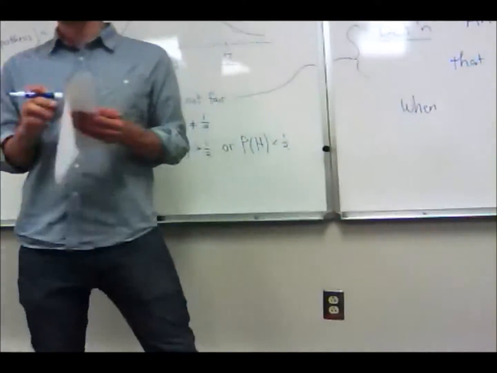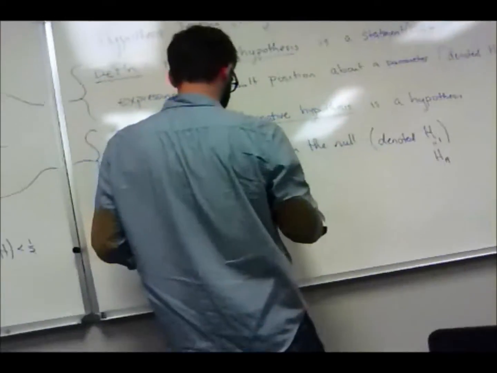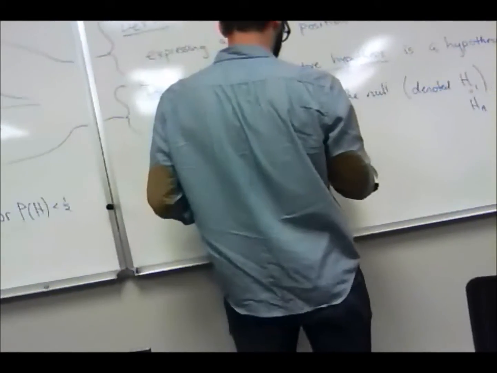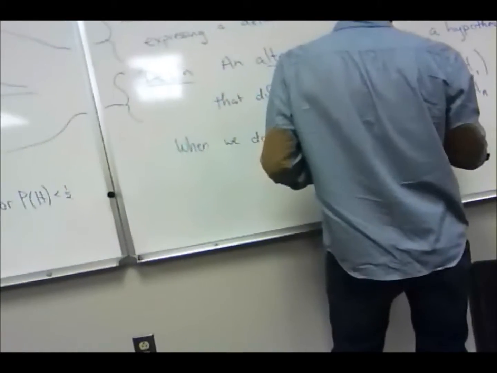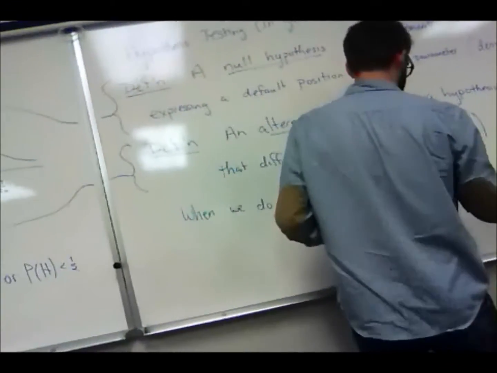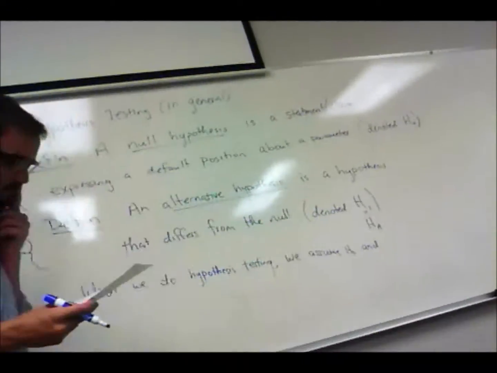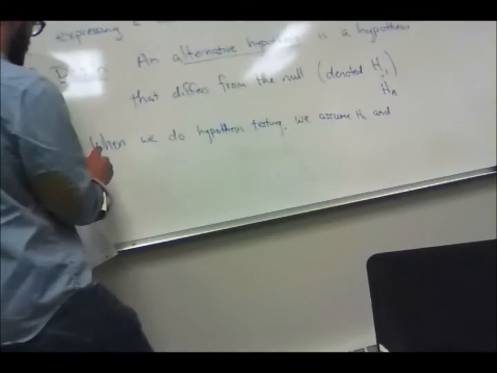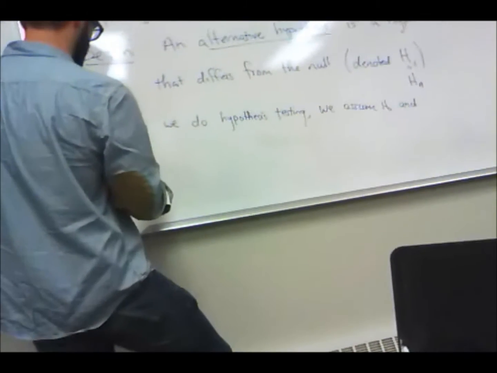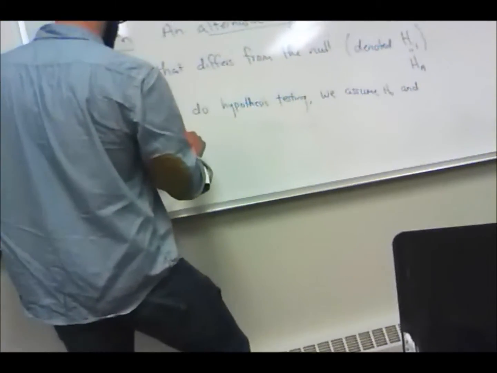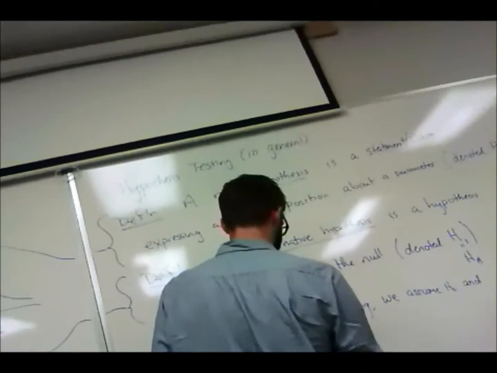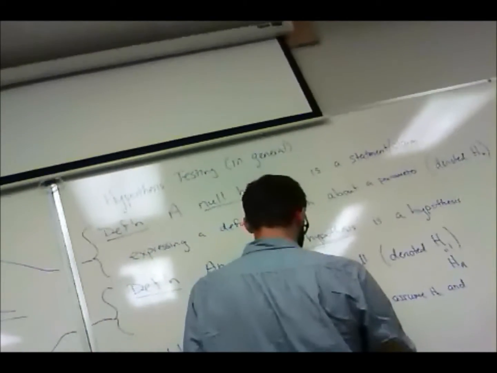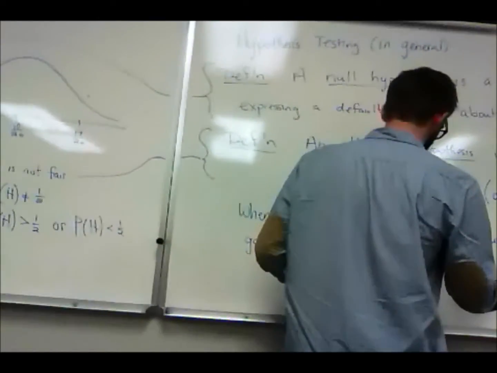Just a note, writing down what we've been saying a little bit. When we do hypothesis testing, we assume H0, the null hypothesis, and gather evidence to test whether we have reason to reject it.